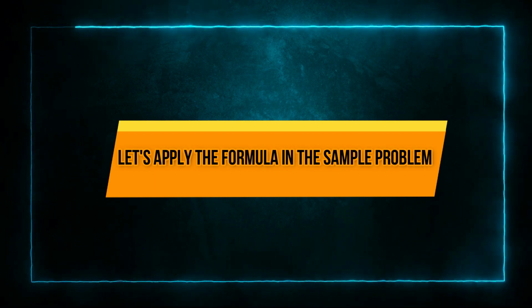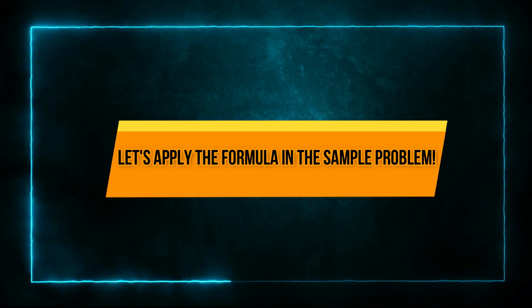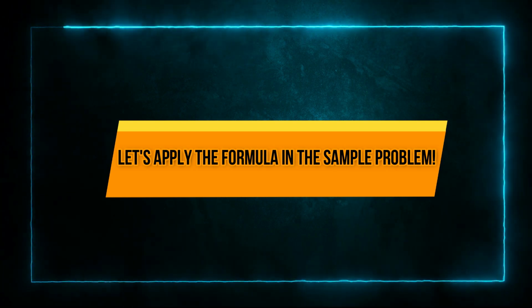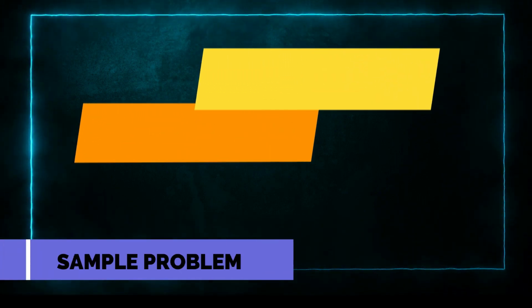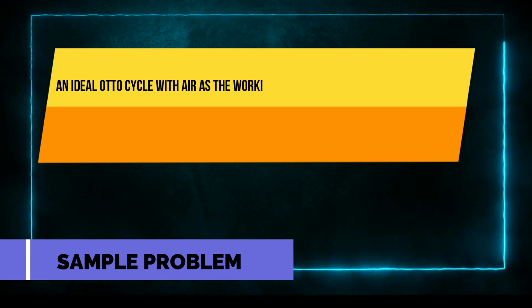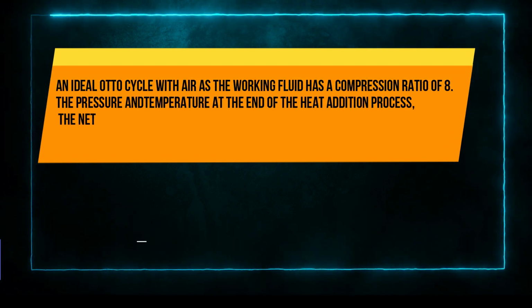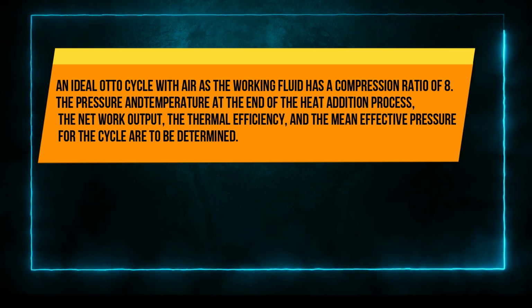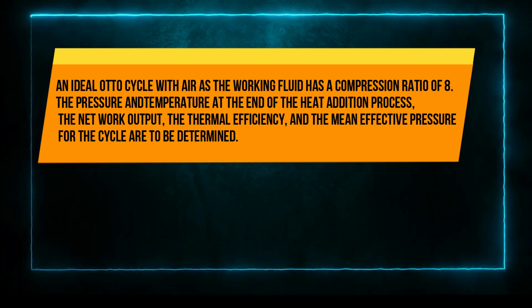Let's apply the formulas in the sample problem. An ideal Otto cycle with air as the working fluid has a compression ratio of 8.